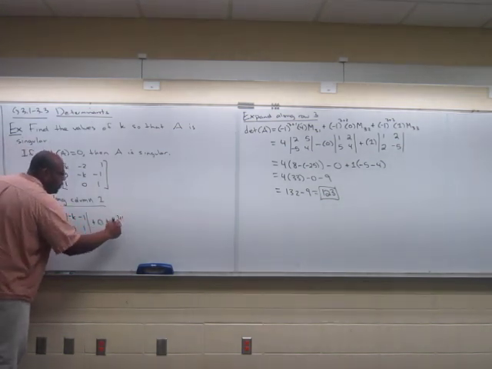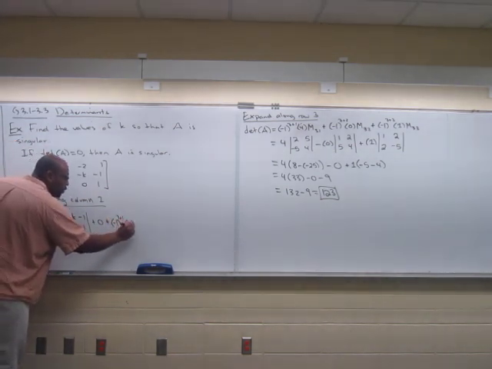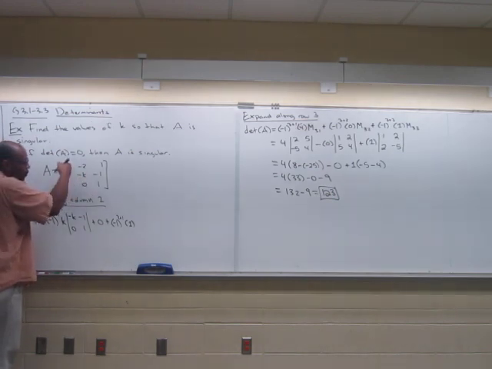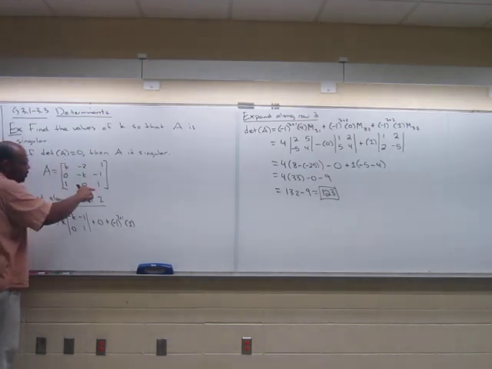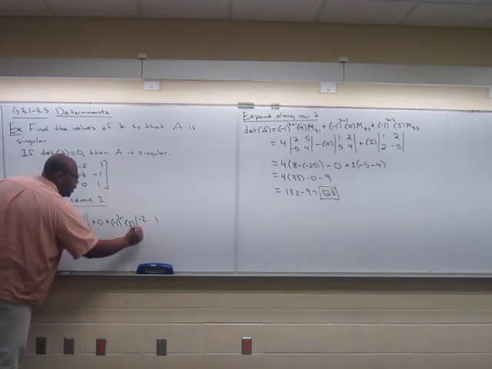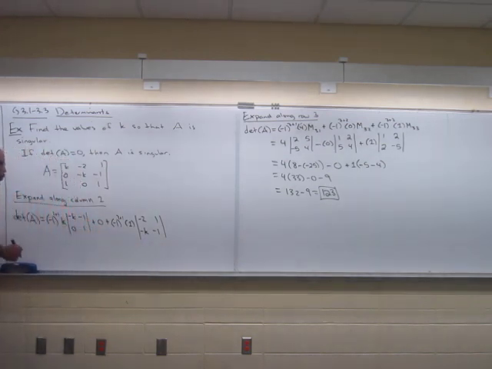So then I have -1 to the 3 plus 1, this guy here, times 1, times the minor. So we get rid of the first column in the third row. So we get -2, 1, negative K, -1. All right?